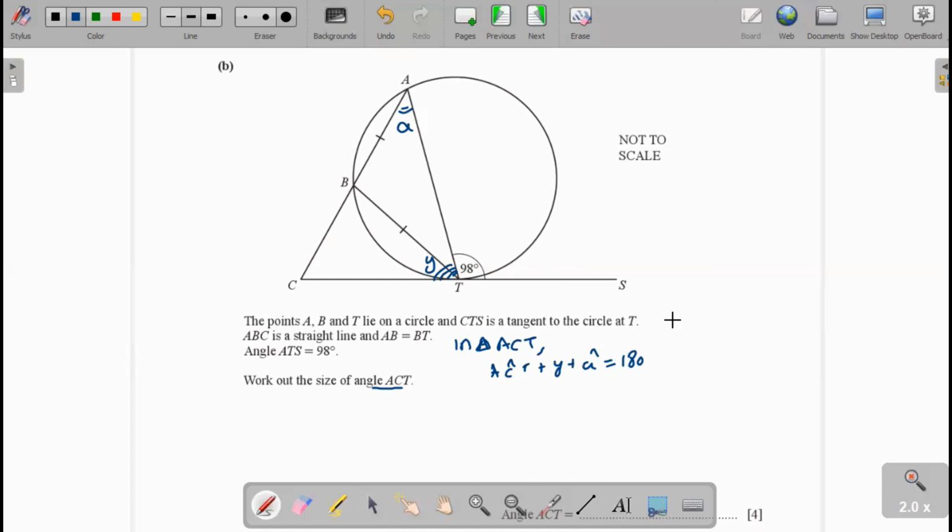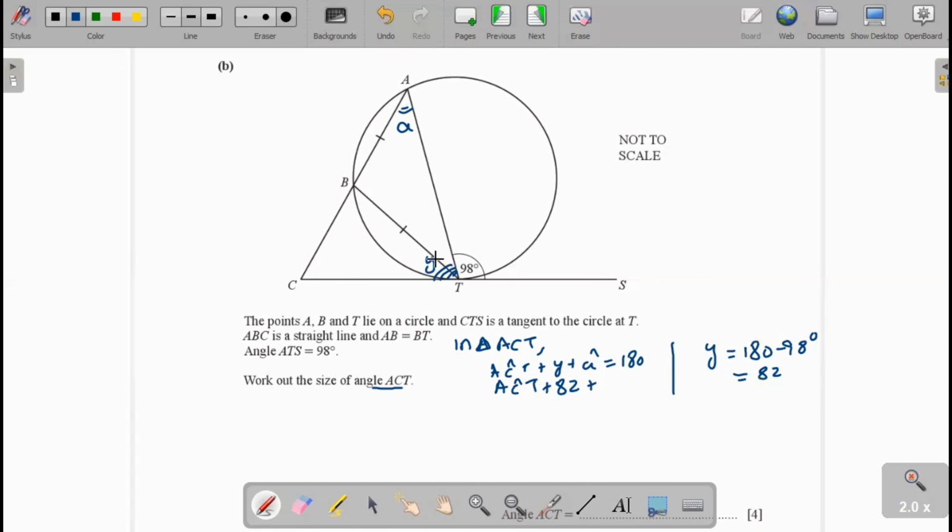That angle y will be equal to 180 minus 98, because the sum of adjacent angles on a straight line is equal to 180. Therefore, y plus 98 equals 180, then y equals 180 minus 98, that's equal to 82. Now ACT plus 82 plus A degrees.